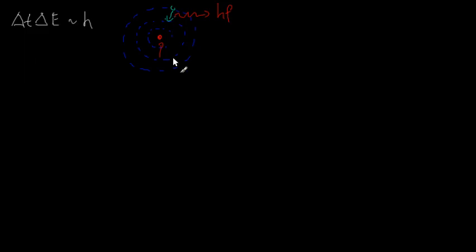This photon that is emitted, we can imagine that we can observe it on a spectrum, and for transitions to the second orbit, from higher orbits to the second orbit, we have already seen in earlier videos that the frequencies are within the visible spectrum.